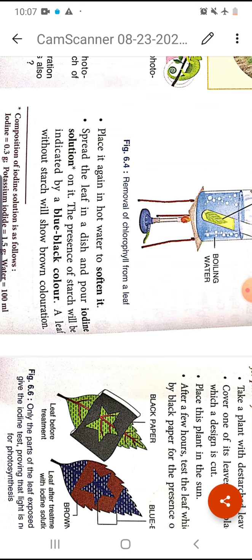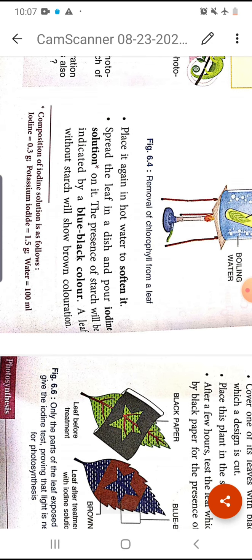Now spread the leaf on a dish and pour iodine solution. So first we place it in dark, and to confirm that it is already destarched, we first boil it, then boil it with methylated spirit, so that it becomes quite white in color, and now we place it in iodine solution.